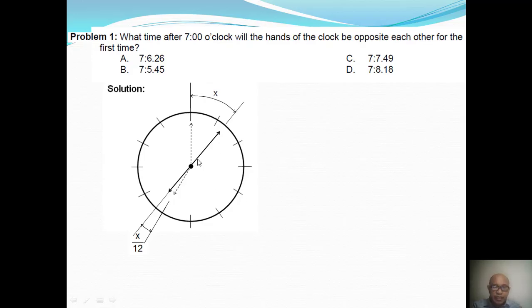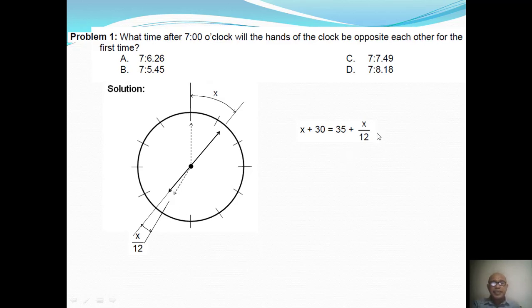Now, take note that in the final position, the hands of the clock extend in opposite direction to each other. So, in between them, we have 30 minutes. Na? In between them, we have 30-minute spaces. So, I can form the equation that is x plus 30 is equal to 35 plus x over 12.